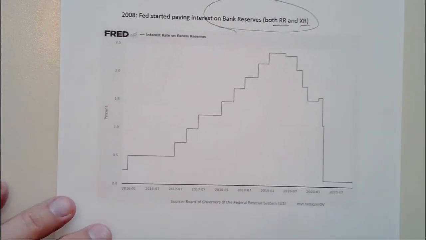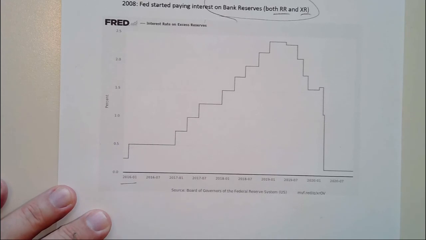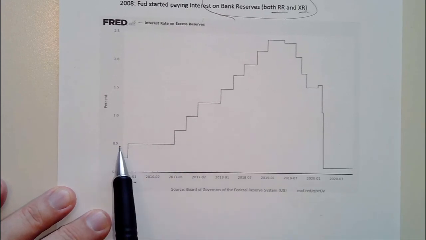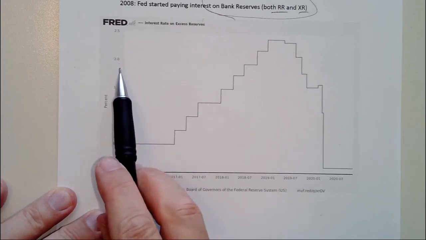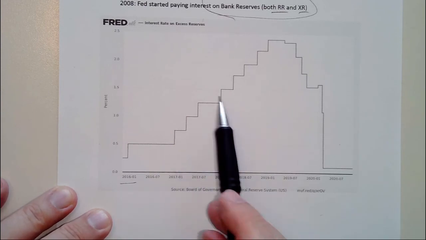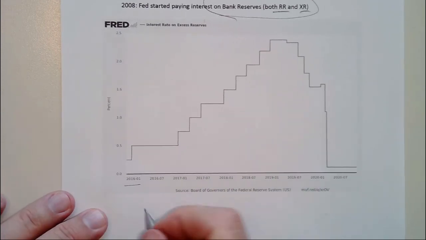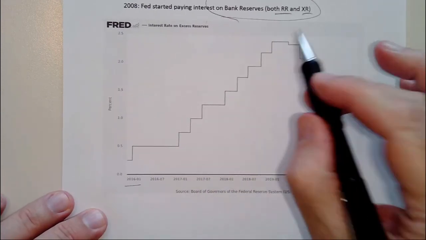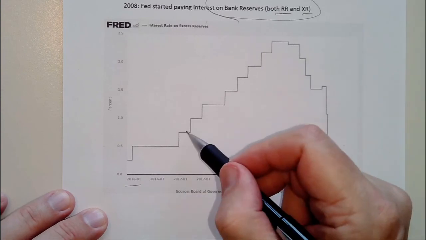This is the rate right here going back to 2016. And that's 0.5%, 1%, 1.5%, 2%, 2.5%. So they've been driving it up. And when they raise the rate they pay banks for their reserves, they're trying to entice banks to leave more money with them.